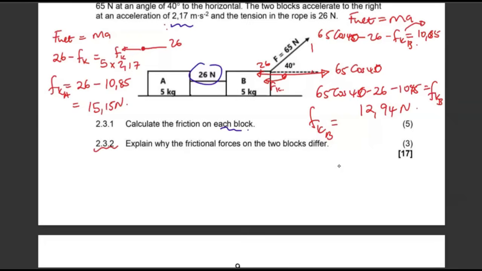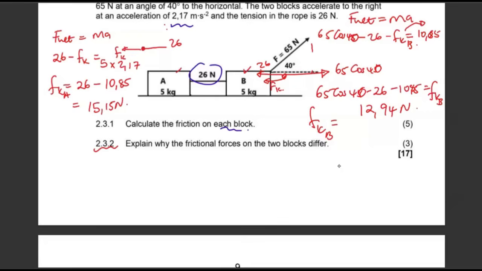But then the question is asking, explain why the frictional forces are not the same. Why the friction forces are not the same. Now, one thing we need to know is that, yes, the blocks can be of the same weight, but they may not necessarily be made out of the same material.